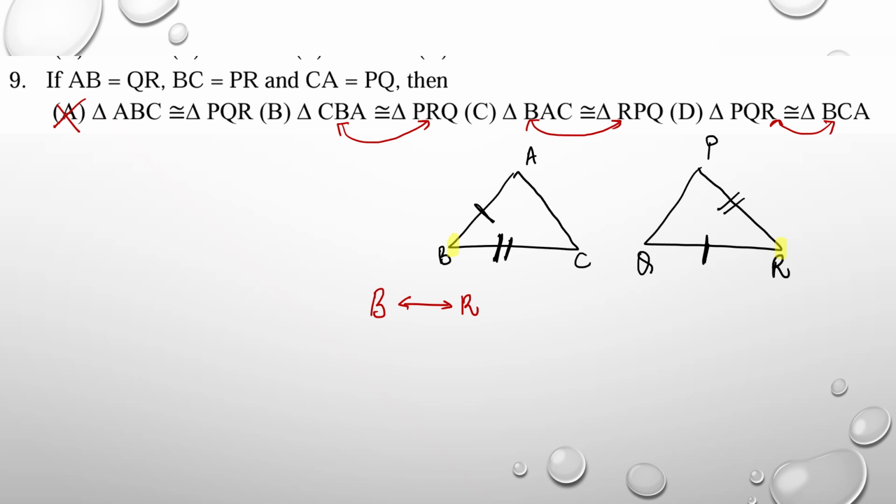Next, we know AB is equal to QR. Right? And BC is equal to PR.